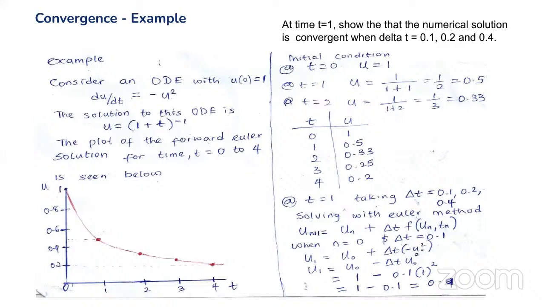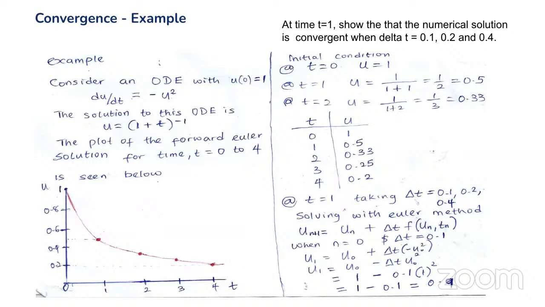The question is: at time t equals 1, show that the numerical solution is convergent when delta t, the change in step size, is equal to 0.1, 0.2, and 0.4. The plot of the forward Euler solution for time 0 to 4 is given below.